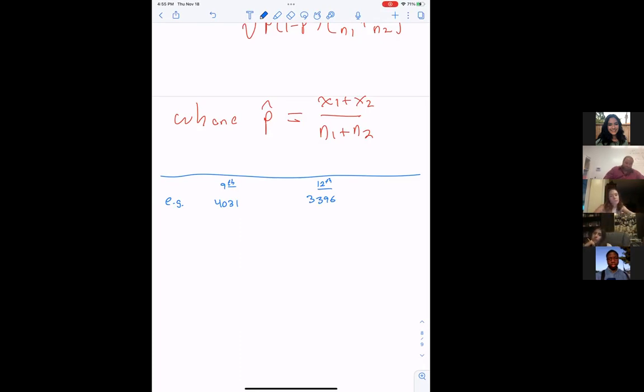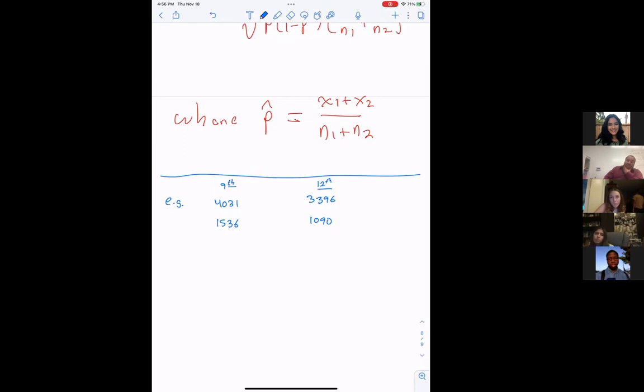Of these students, 1,536 ninth graders and 1,090 12th graders said yes. Do these data give evidence that the proportion of ninth graders who eat breakfast daily is higher than the proportion of 12th graders eating breakfast daily?